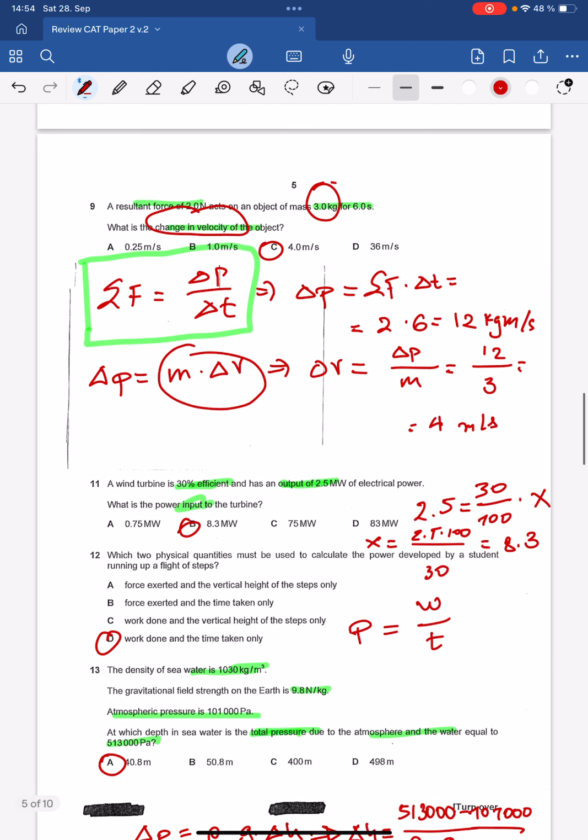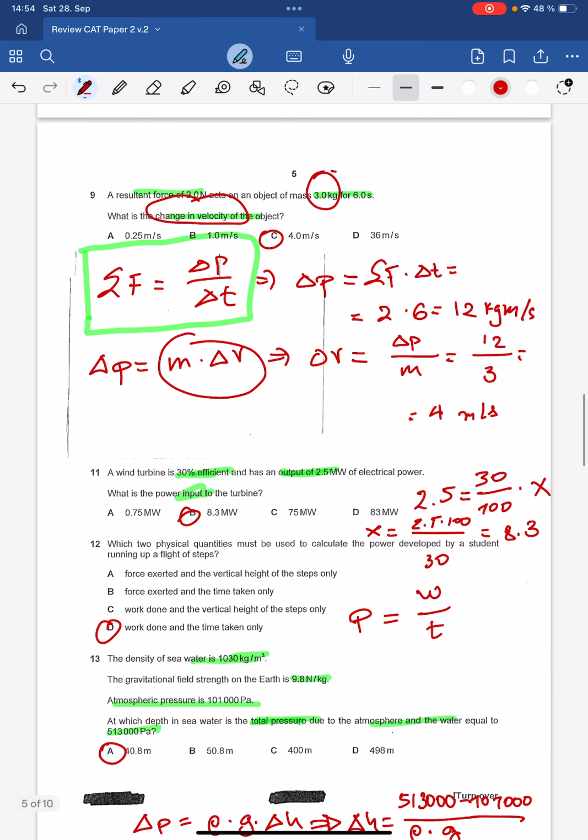The next one, also with a few simple calculations. A wind turbine is 30% efficient and has an output of 2.5 megawatts of electrical power. What is the power input to the turbine? When I read it this way, I can write the equation in a very simple way.